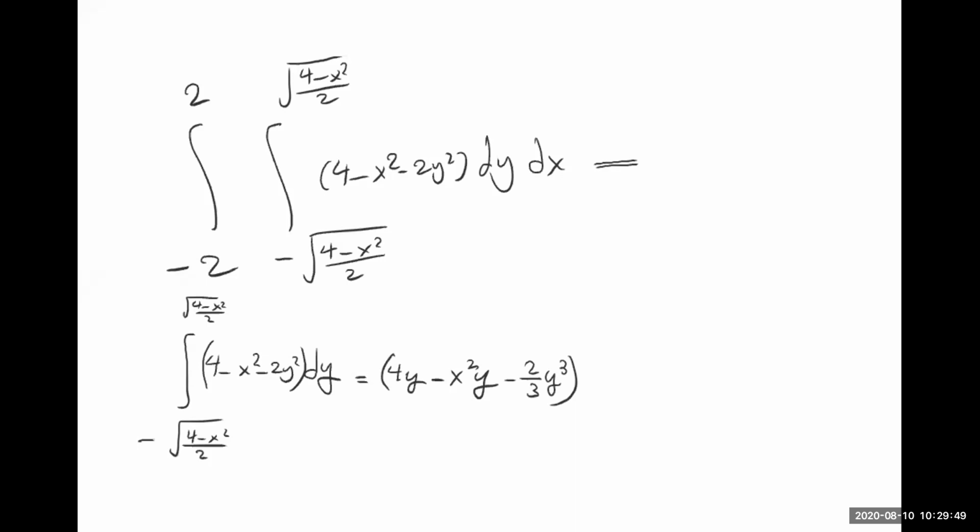And then I should plug in these two numbers, the square root of (4 minus x squared) over 2 and minus the square root of (4 minus x squared) over 2. I should plug in these for y and then subtract them. And what I would end up with if I do that is, well, you should really do that. What is that?